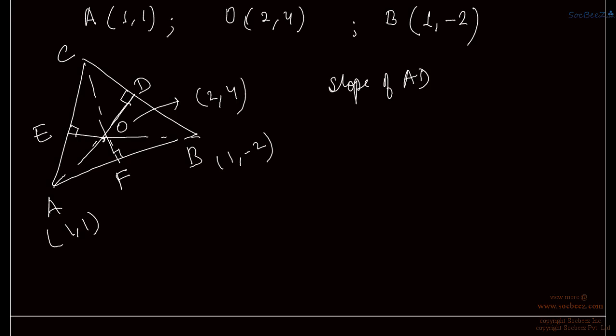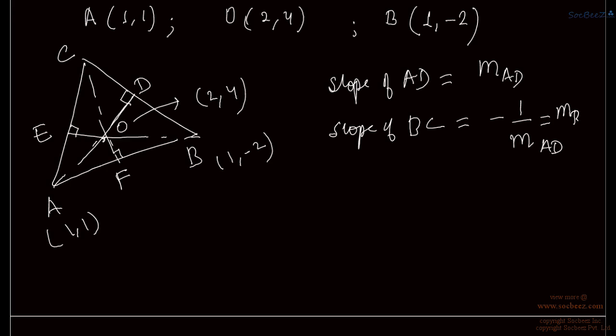We can find the slope of AD, and let us name it m_AD. The slope of BC must be -1 upon the slope of AD, because AD and BC are perpendicular to each other; AD is the altitude on side BC. Similarly, the slope of AC is -1 upon the slope of BE.